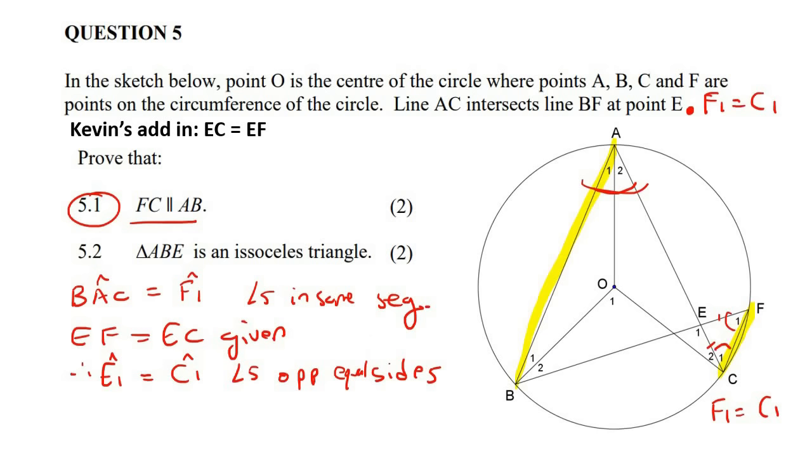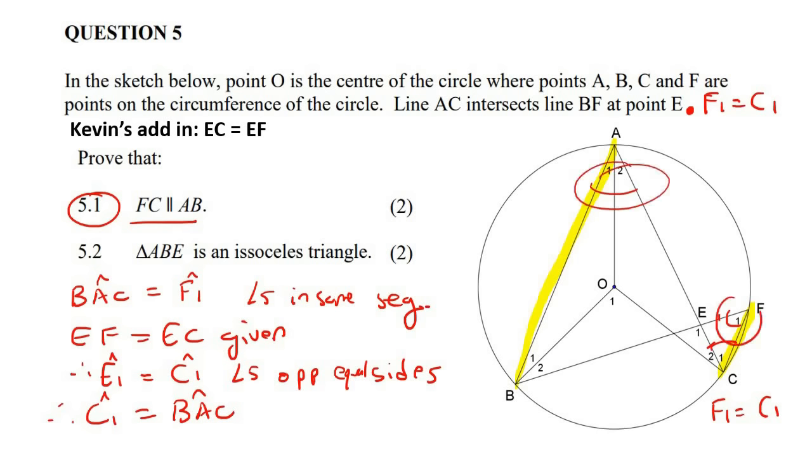So check this out, guys. What we've done is we originally said that this angle is the same as this angle, and then we've just said that this angle is the same as this angle. So that means that this angle and this angle must also be the same. So we can say, therefore, angle C1 must be the same as angle BAC. There's no reason, it's just because, you see what we did?